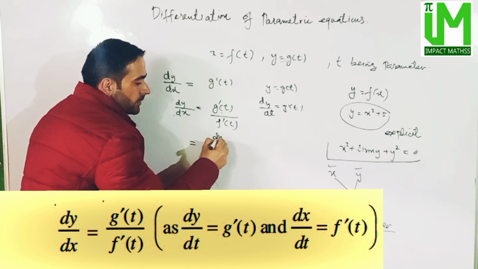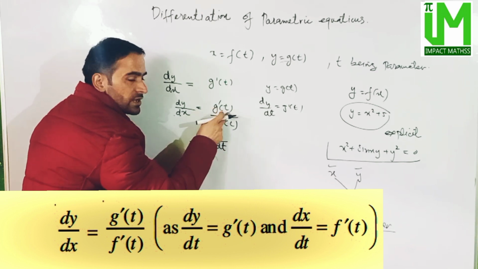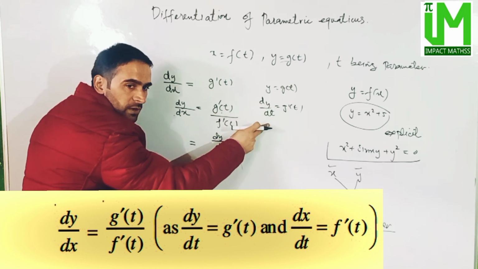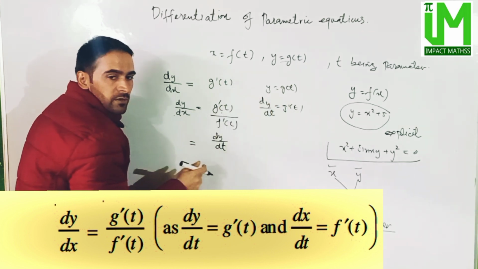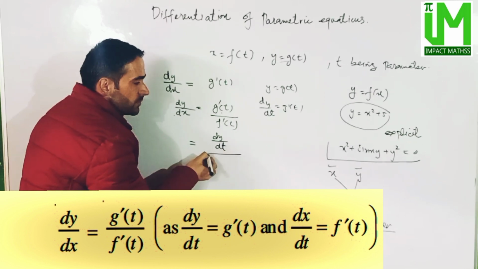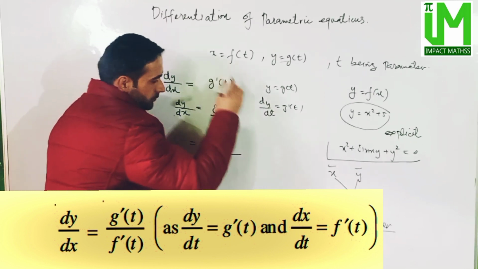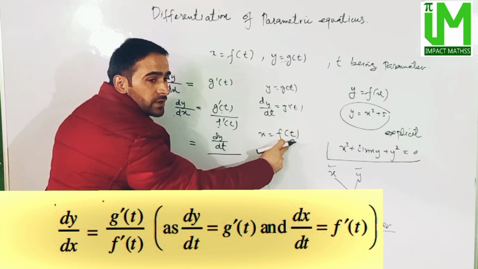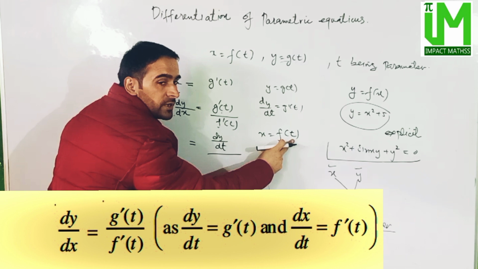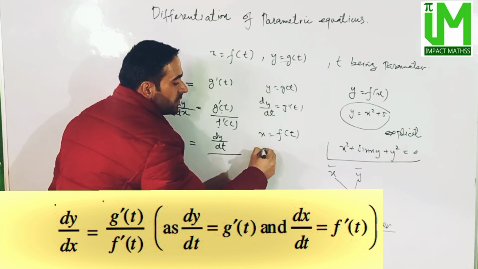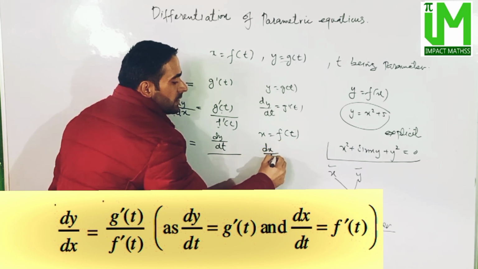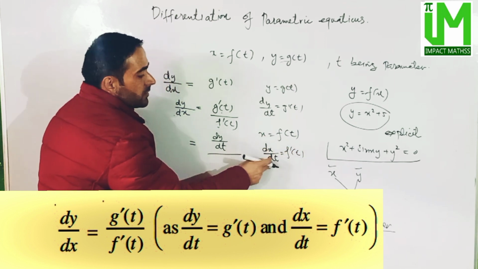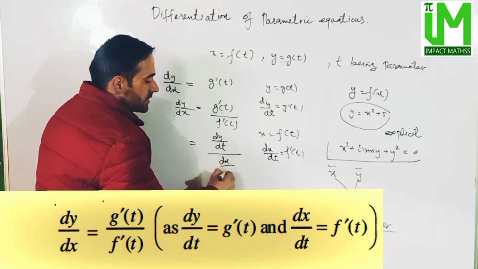And what is f dash of t? x is equal to f of t, t is the independent variable, so differentiating with respect to t gives dx divided by dt, so f dash of t is equal to dx divided by dt.